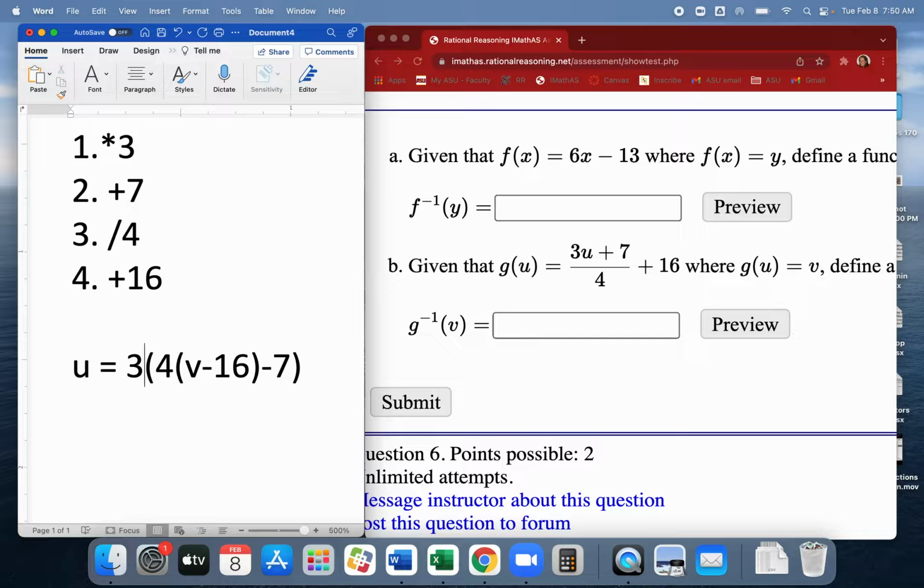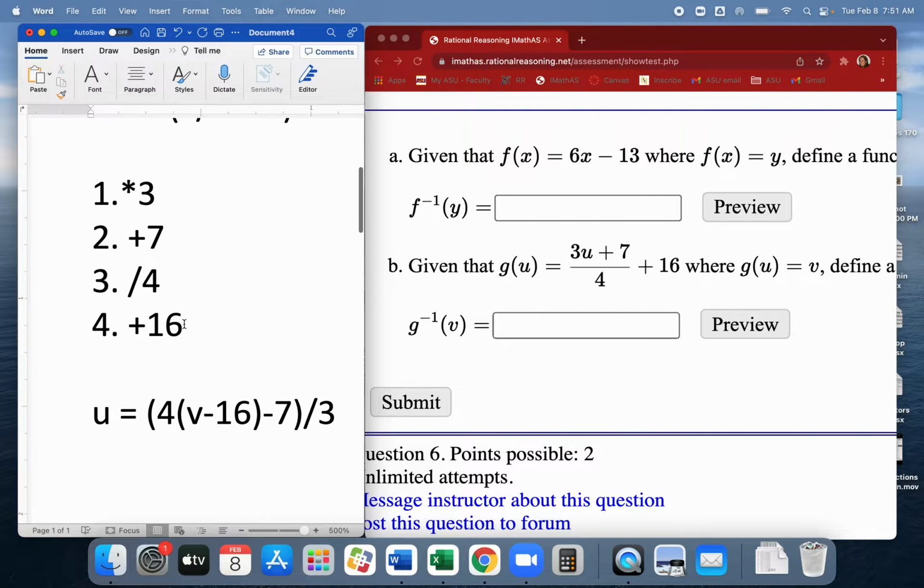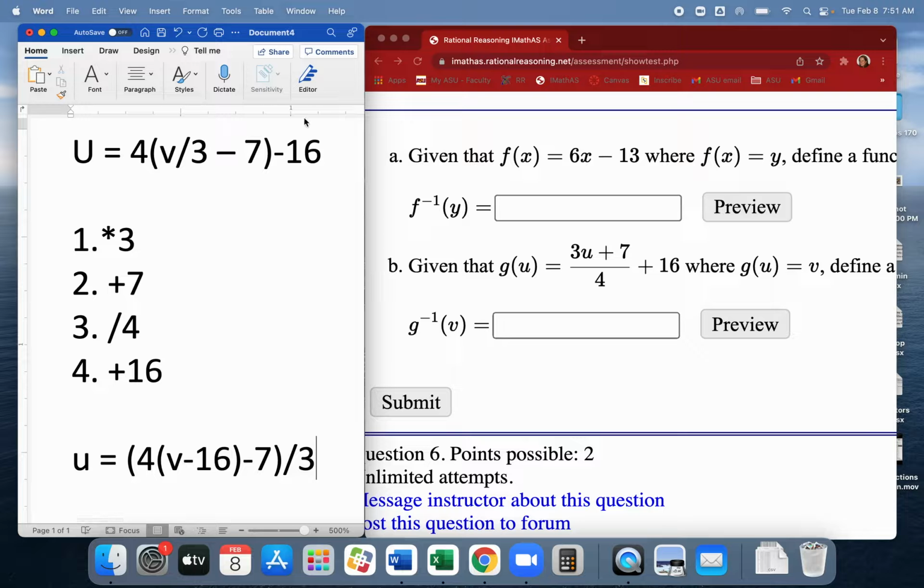Divide by 3? Yeah, divide by 3, sorry. I was doing this fast. So we've got 4 times our v minus 16, minus 7, over 3. I think that's pretty similar to what you had over here, only you hadn't seen the 16.